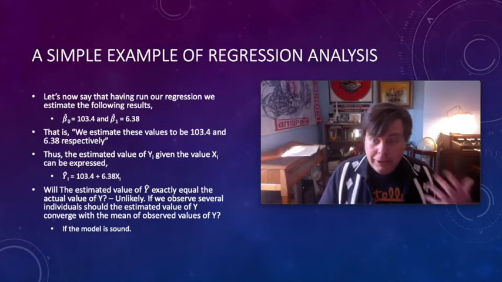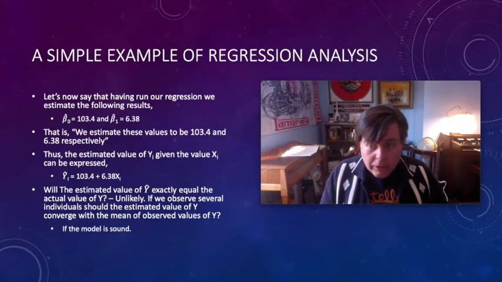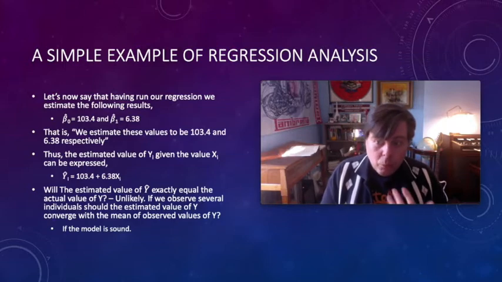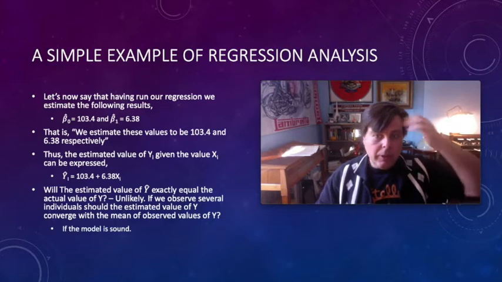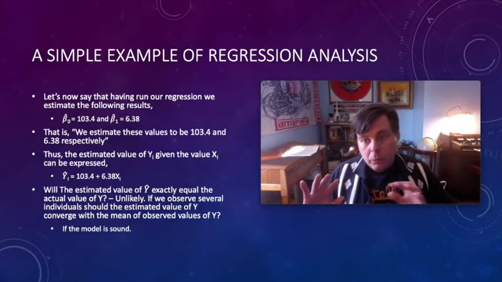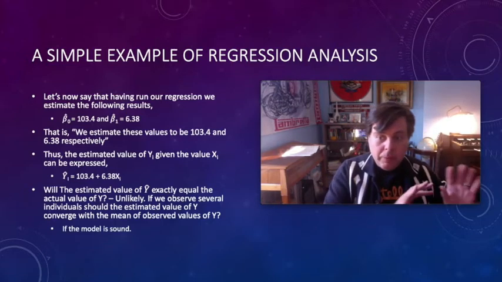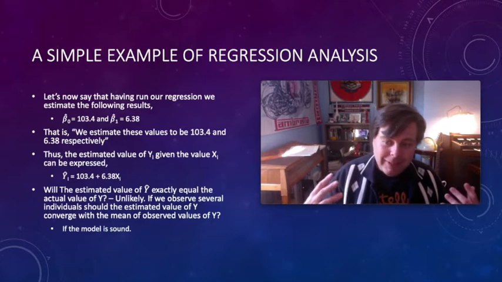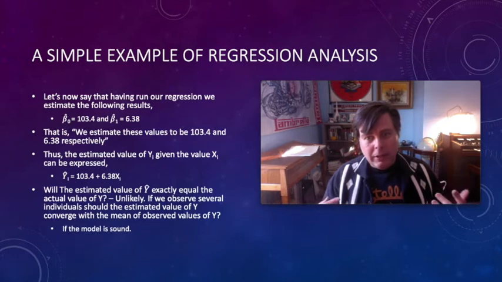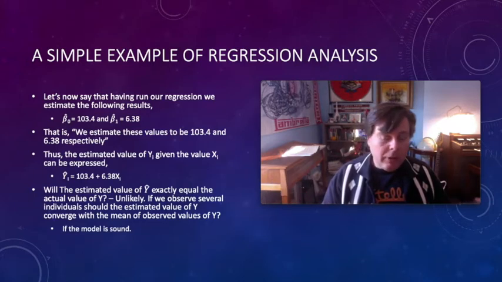In other words, what this is telling us is that if we enter in a bunch of values of weights, so if we collect a bunch of data about weight, we should be able to forecast somebody's height, y. Now, let's think about this a bit. Sometimes they're going to be too high, too low.